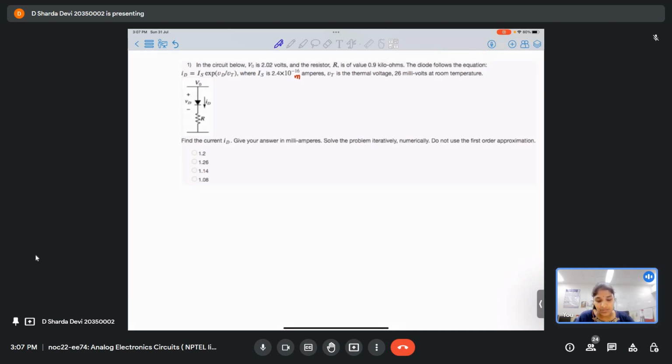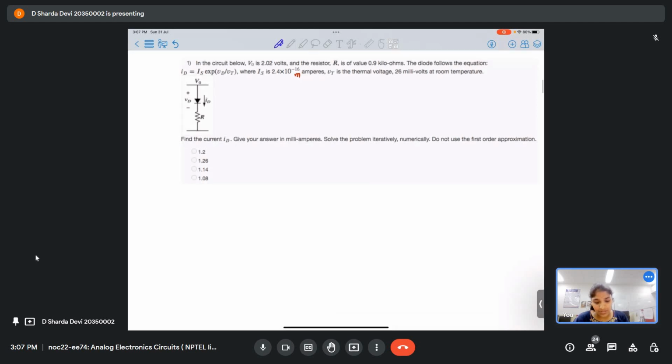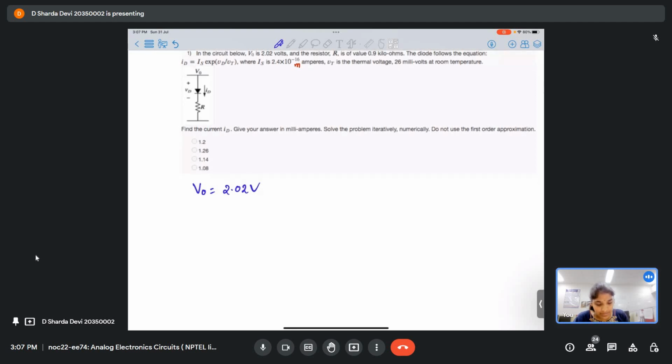In this question, it is given that V0 is 2.02 volts. The resistance value R is 0.9 kilo ohms. And as we know, the universal diode equation is ID equals Is exponential Vd by Vt.